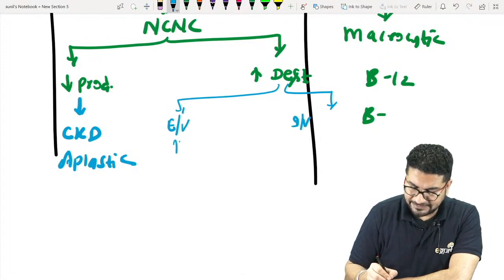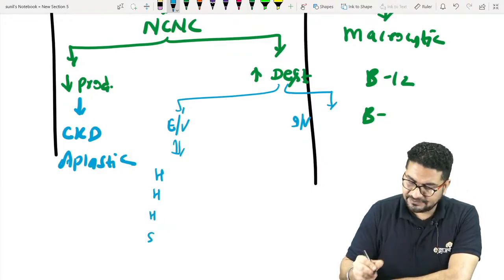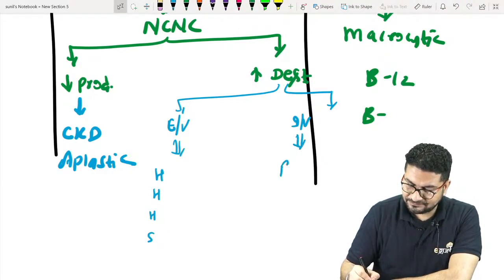If I say extravascular, what I told you, triple HS, right? Intravascular, remember full form, simple. How do I remember?